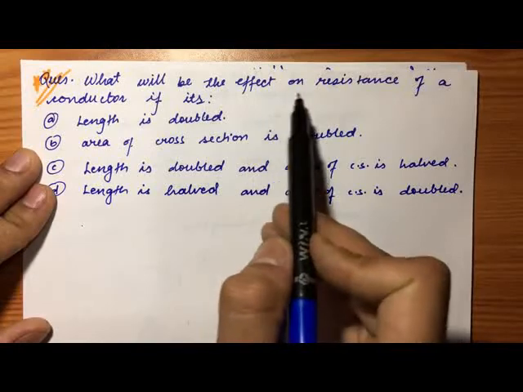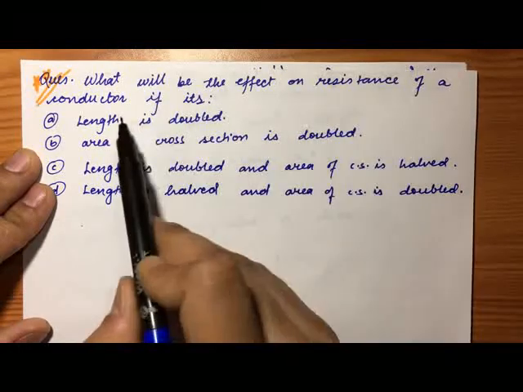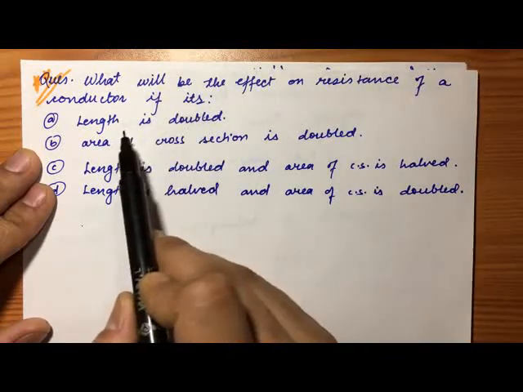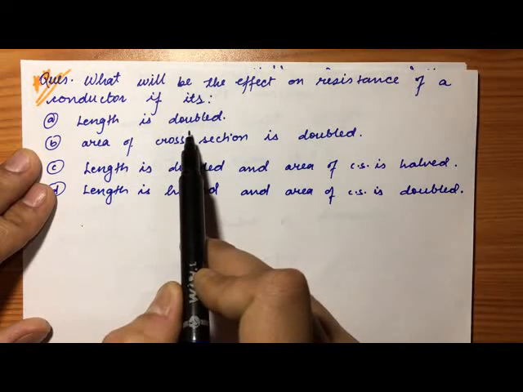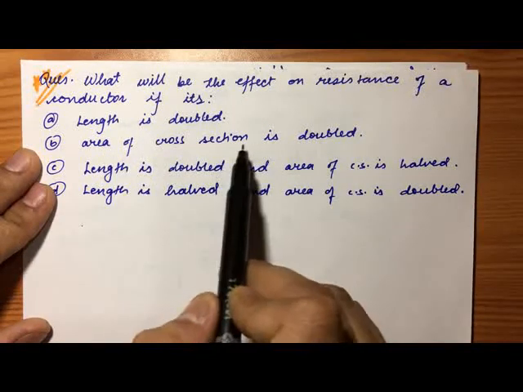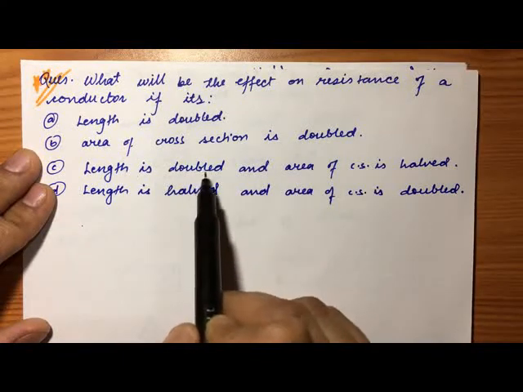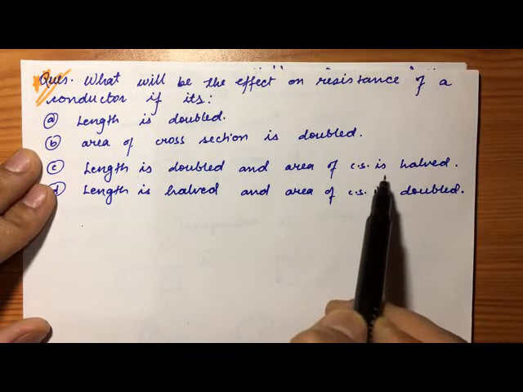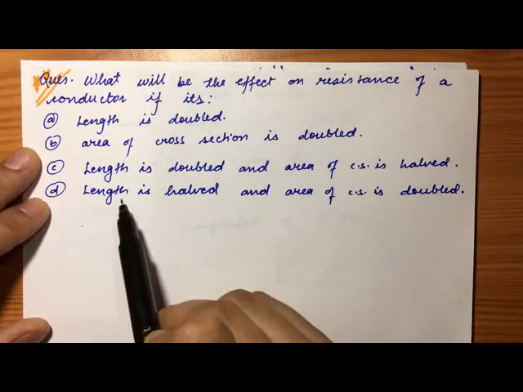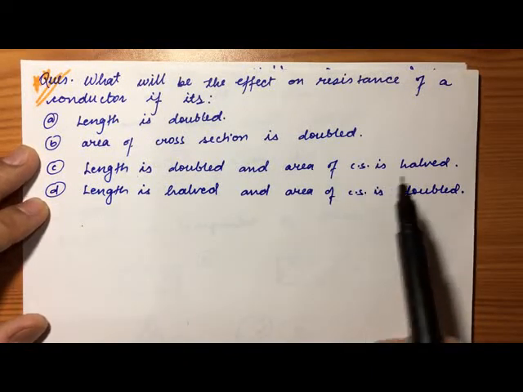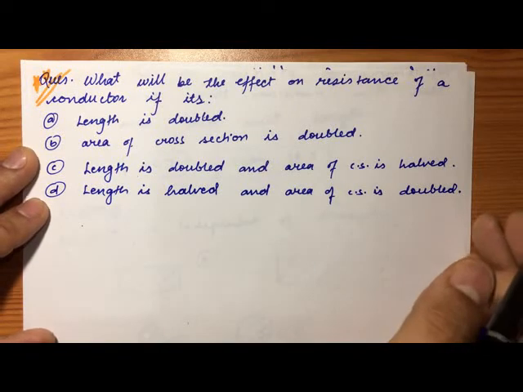What will be the effect on resistance of a conductor if its length is doubled? Case 1. Part B, area of cross section is doubled. Part C, length is doubled and area of CS is halved. Okay, and the fourth section, length is halved and area of CS is doubled.